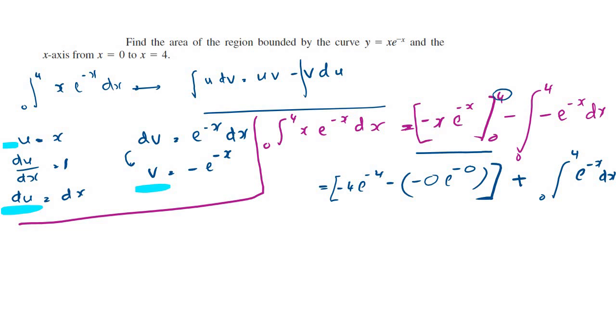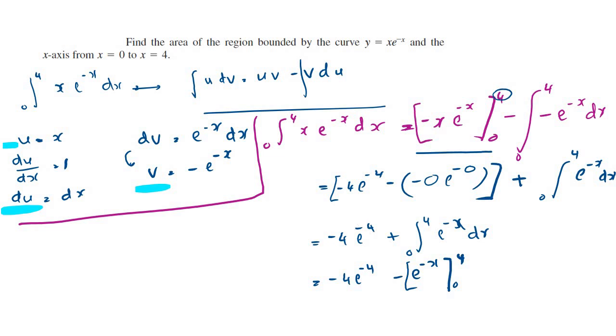Okay, so we have here minus 4 e to the power minus 4, and then this is 0, so we have this part plus integral 0 to 4 e to the power minus x dx. We know how to integrate this. We don't need integration by parts. So we have minus 4 e to the power minus 4, and the integration of this is minus e to the power minus x from 0 to 4.